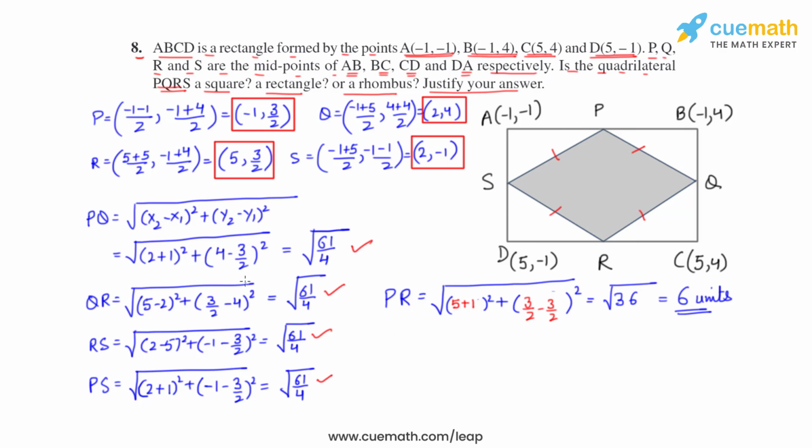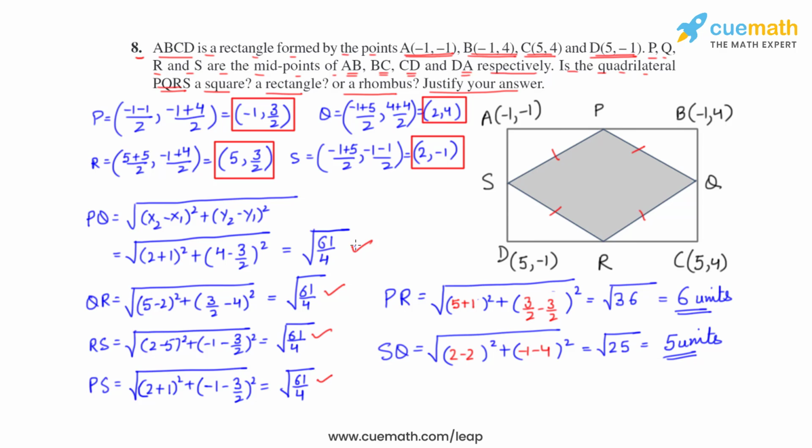Now SQ. S is (2, -1), Q is (2, 4). So (2 minus 2) whole square plus (-1 minus 4) whole square. 2 minus 2 is 0, 0 square is 0, and -1 minus 4 is -5, -5 square is 25. So we get 5 units.